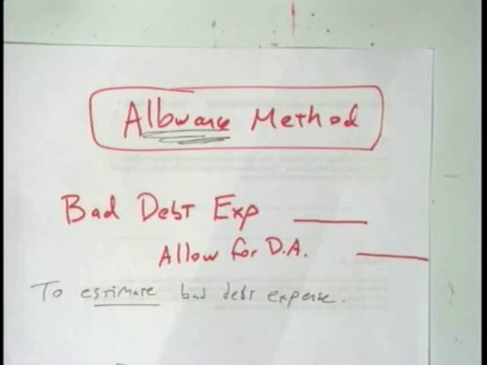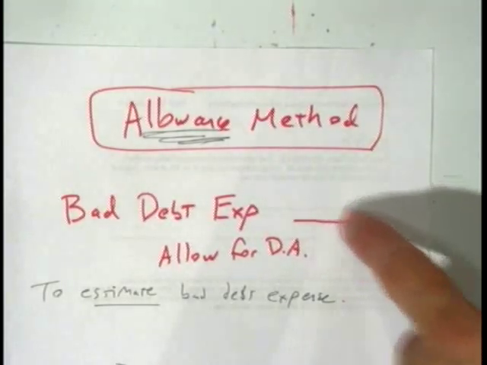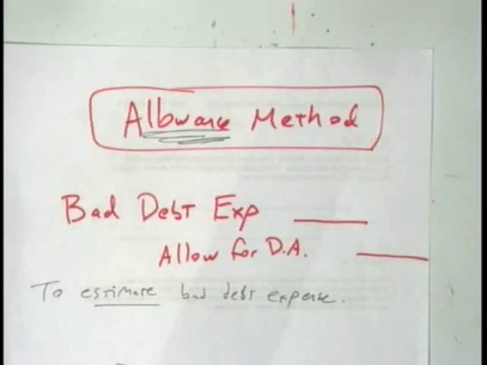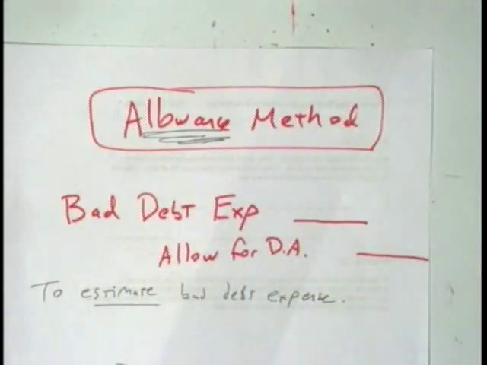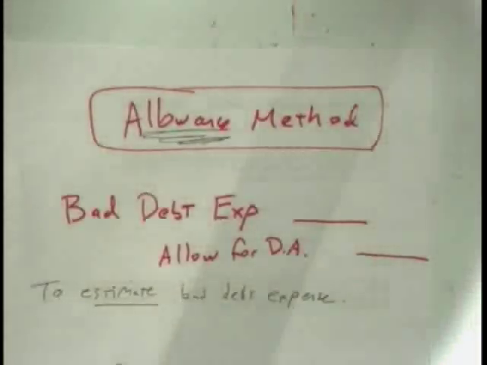The different methods, percentage of sales and percentage of accounts receivable, are just different ways to calculate the estimated number that goes in the blank. The journal entry, in regards to what is debited and credited, remains the same.